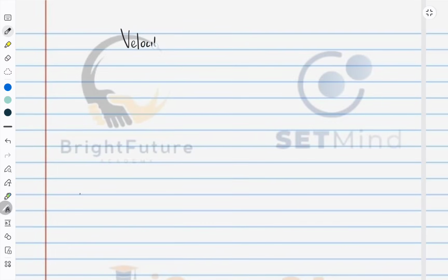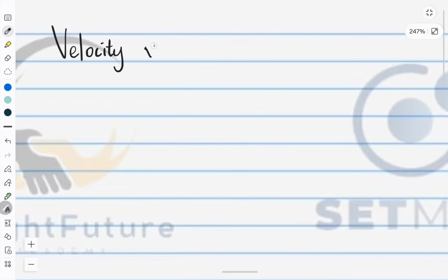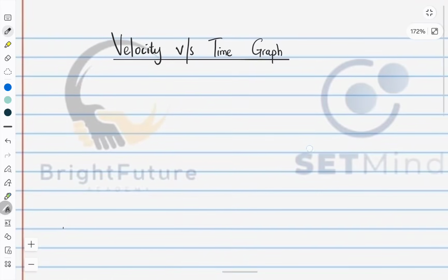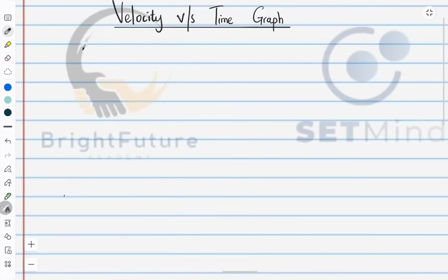You must title your graph velocity versus time graph. We know it's a graph, so you don't really need to say graph at the end, but most people prefer saying that, so I'll just put it there.